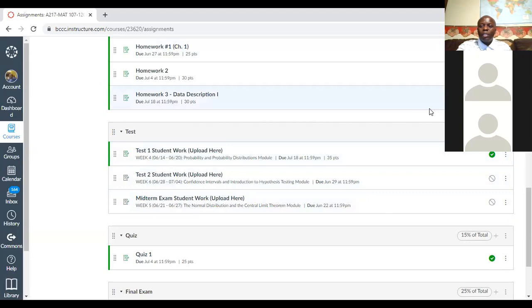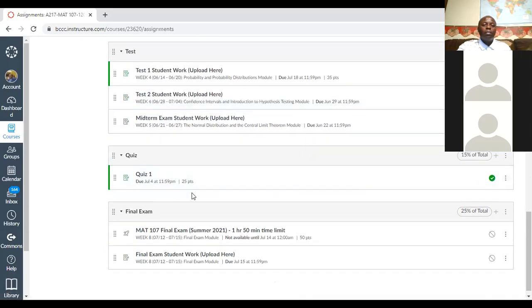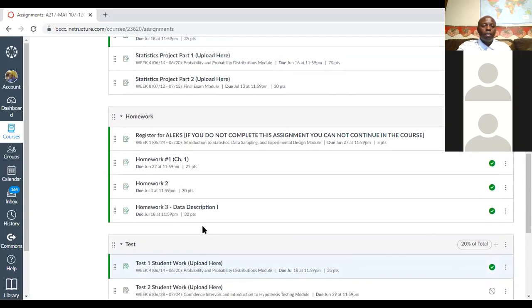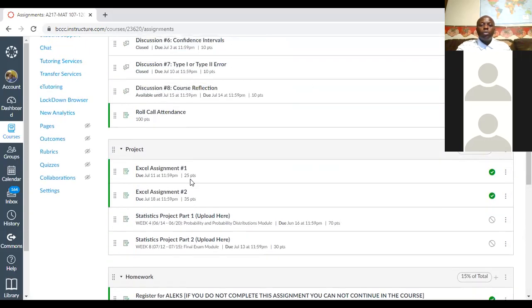You're seeing the midterm here because this is my page; on your own page, you cannot see it. You're going to have test 1, test 2, then maybe 4 quizzes, then the final exam and the project, and then homework. So that's what I need. Don't put your photo ID. I don't need the photo ID.